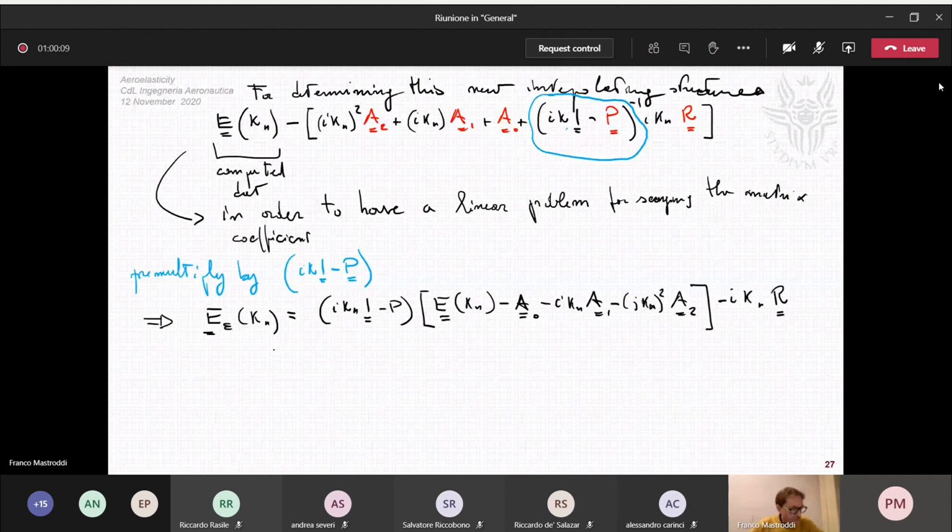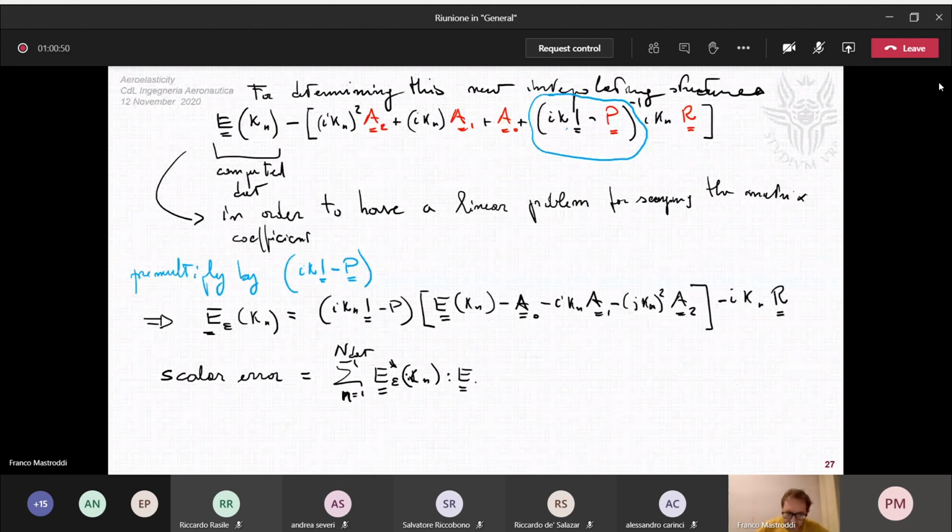This is better because this kind of problem is such that when you define a scalar error, you simply define a summation with respect to the data, n from 1 to N data, of the conjugate of this matrix epsilon kn times the matrix epsilon kn, and we want to impose this as stationary with respect to A0, A1, A2, P, and R.